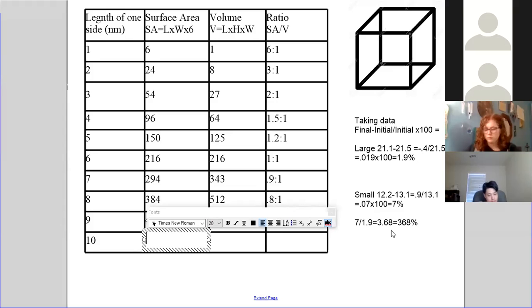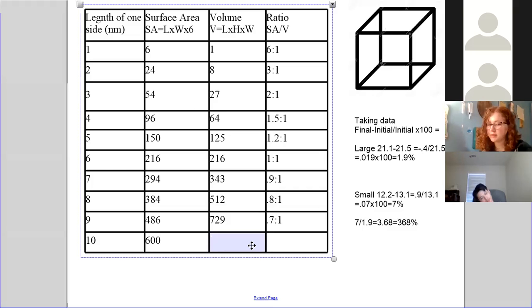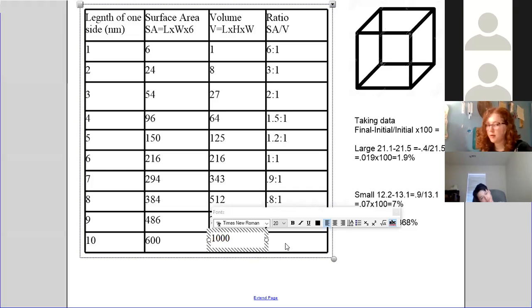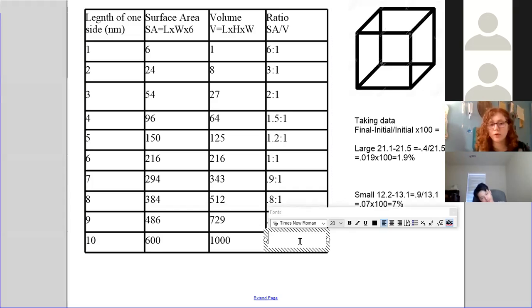Let's go to Tabitha Hairball. Okay, so for surface area, I got 600. And then for volume, I got 1,000. And for the ratio, I rounded up, so I did 0.6 to 1.